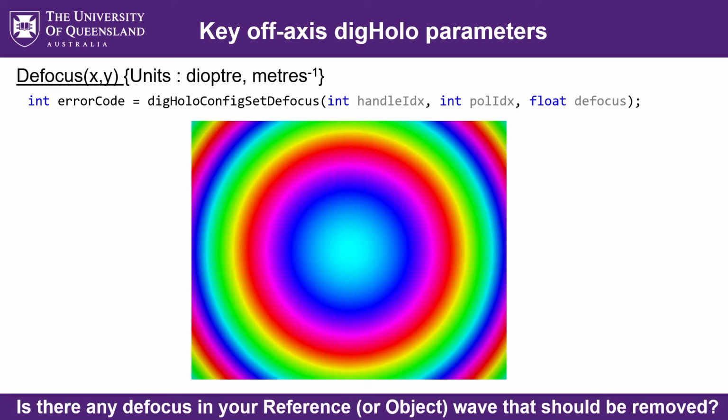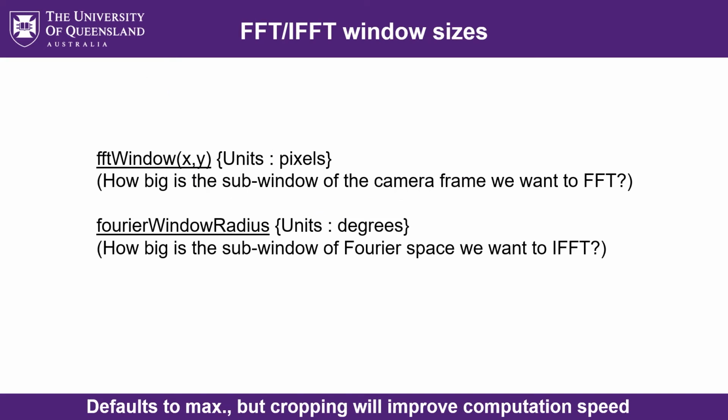In order to set the dimension of the Fourier transform that takes the camera frame into Fourier space, and the inverse Fourier transform, which takes us from Fourier space back onto the camera plane as the reconstructed field, we have these two parameters. That's FFT window size and Fourier window radius.